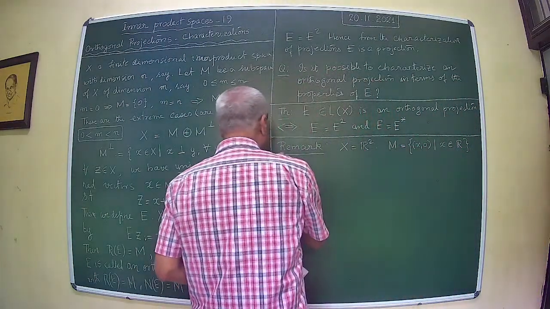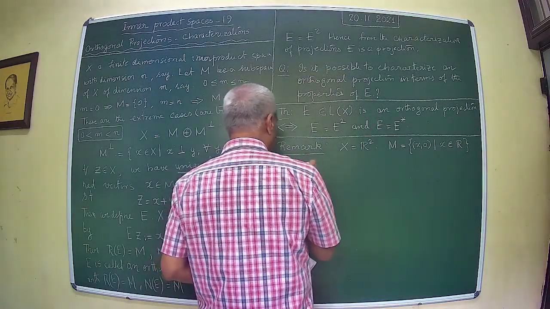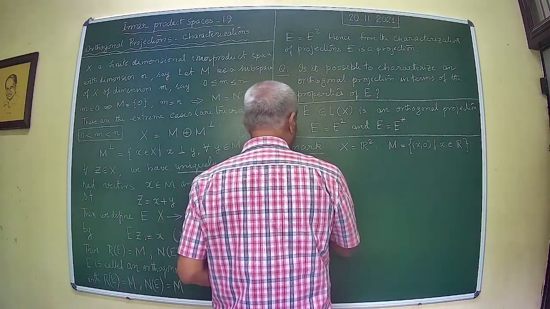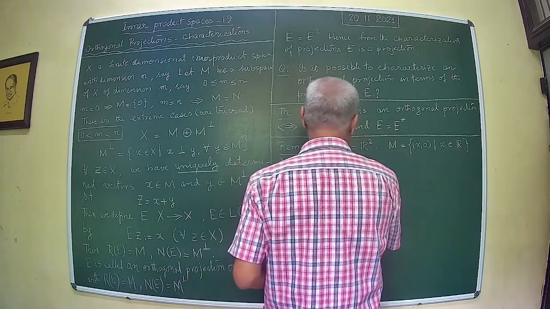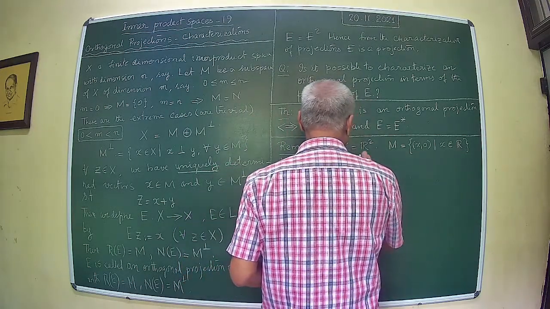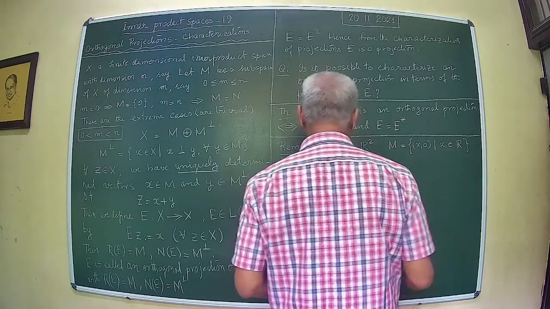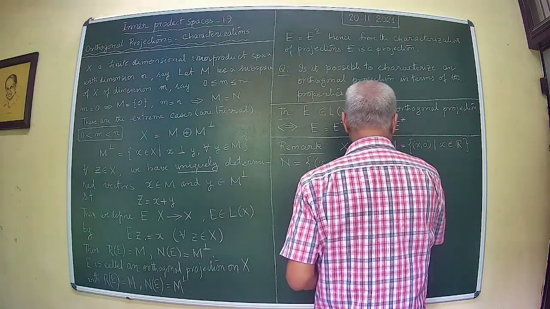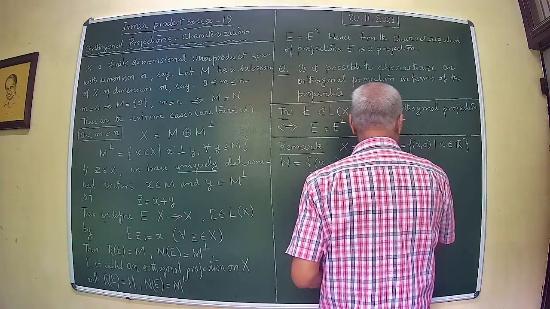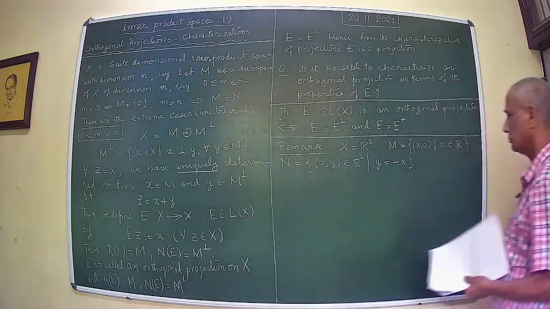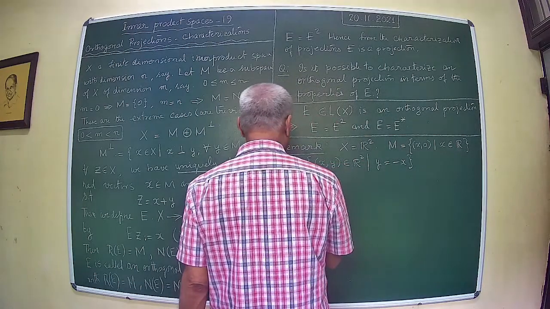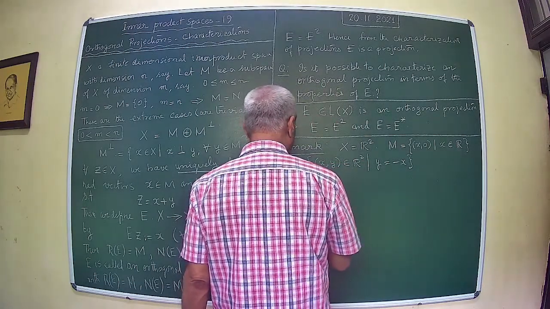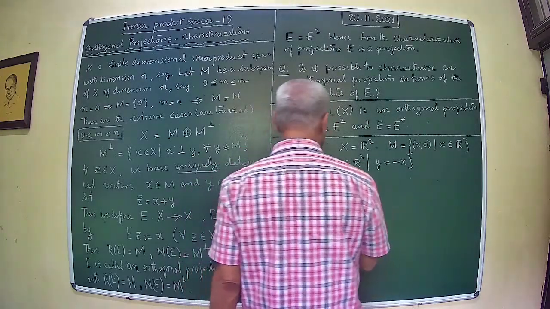Now we take N to be equal to the set of all xy such that y is equal to minus x. Then you can check that M plus N equals R2.